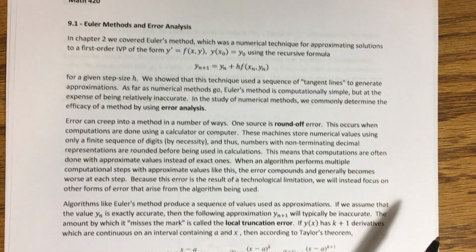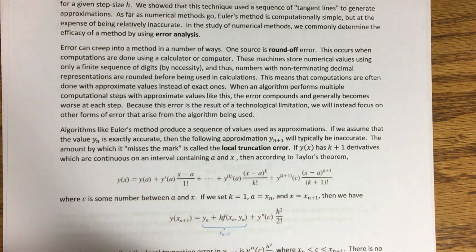So error comes from a number of sources, and one particular source that error comes from in these algorithms is what we call round-off error. And round-off error is something that is directly the consequence of technological limitations in calculators and computers.